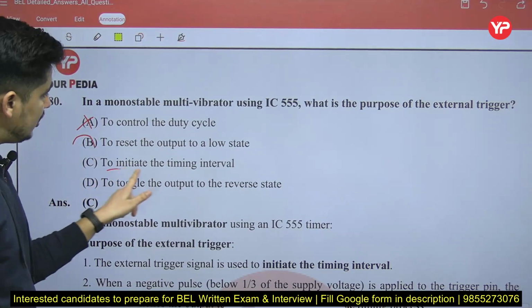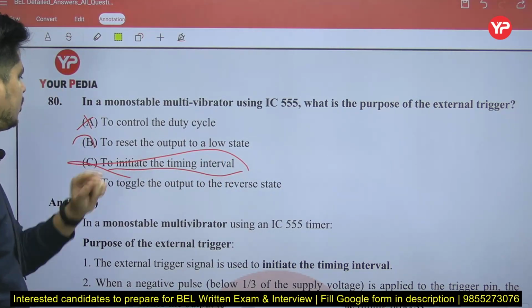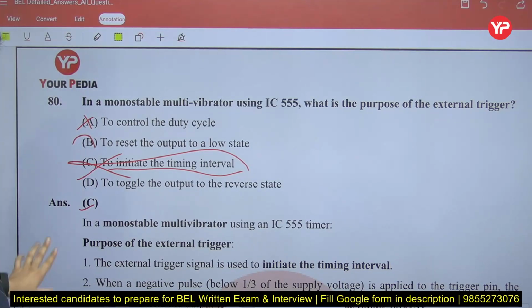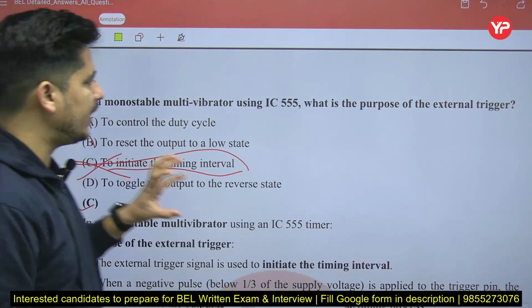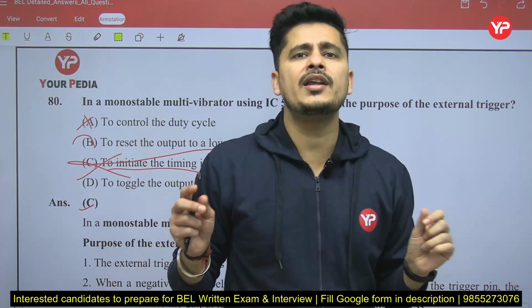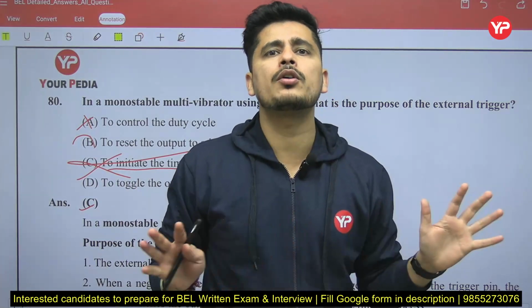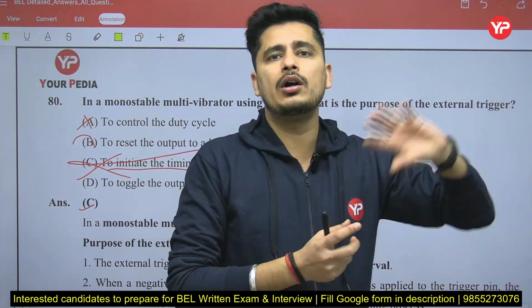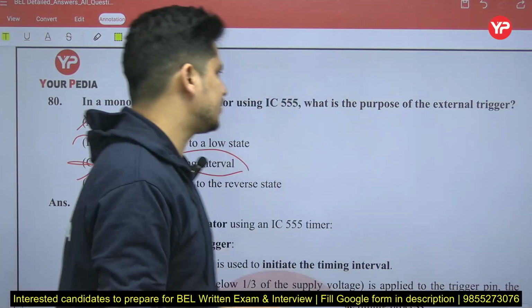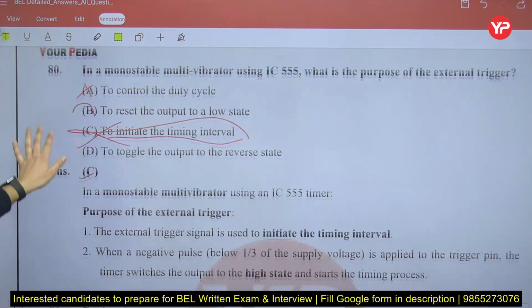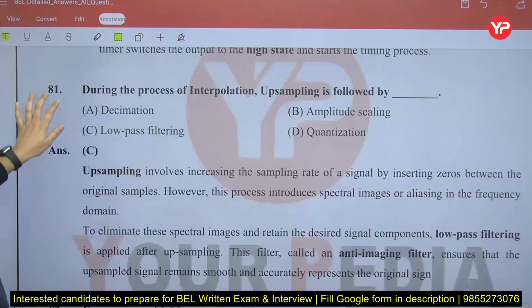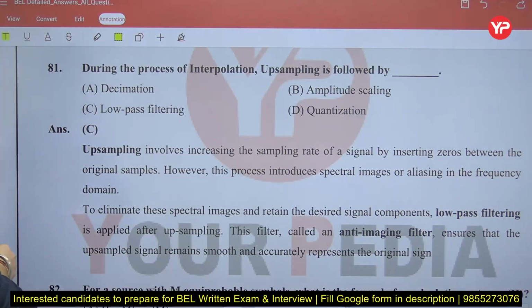No. It will initiate the timing interval. So the answer will be C. Without any external triggering, the monostable multivibrator will not work. It requires external triggering to initiate the complete process, that is, to initiate the timing interval.